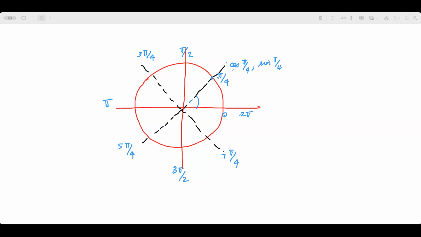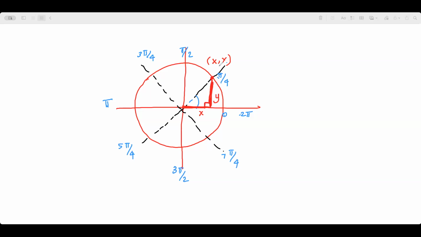Why is that? Basically, I don't want to give you this directly. Any point on this circle is going to be x comma y, correct? X comma y means I'm going to draw a perpendicular. In this case, this is x, this is y, correct?